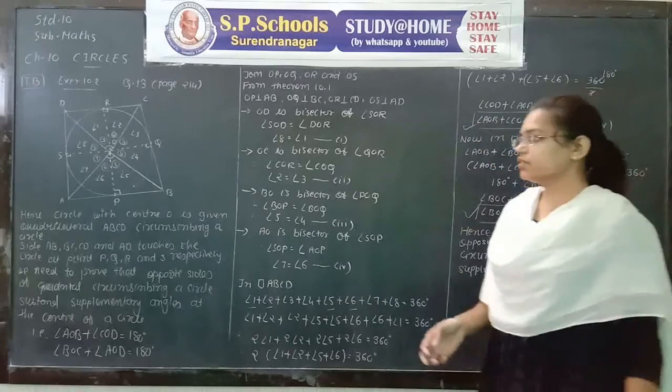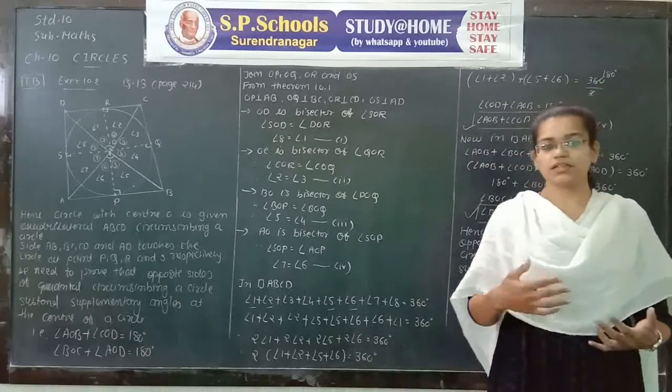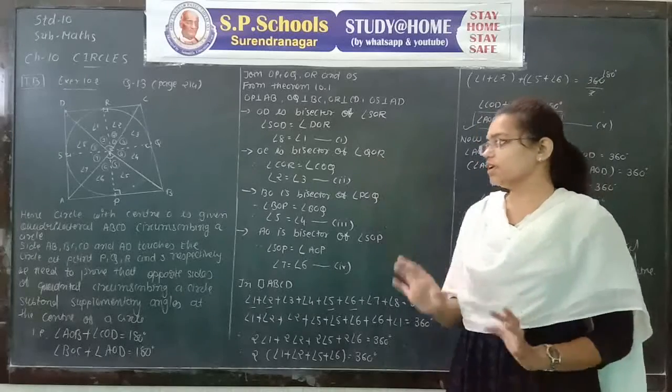Opposite sides of a quadrilateral circumscribing a circle subtend a supplementary angle at the center.